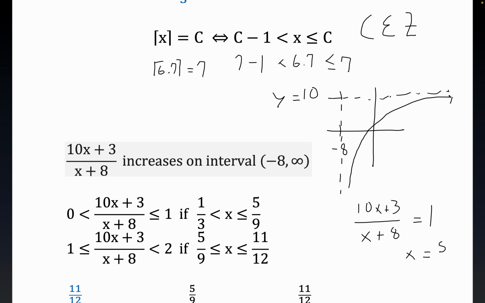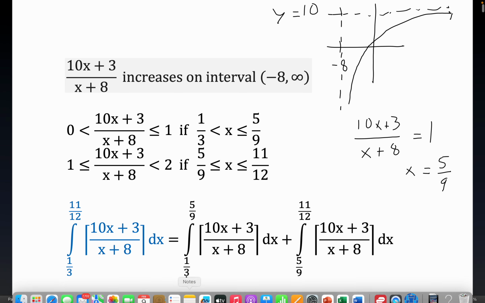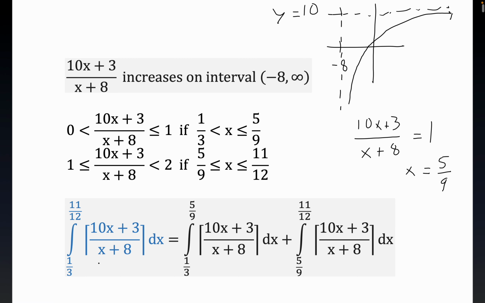Now for that reason, and again, maybe what I just said made 0 sense, but this was based on the nature of the limits of the integration, you see. The limits of integration of the original problem is from 1/3 to 11/12, right? And so we have to check to see what this rational function is doing between these limits of integration, okay?